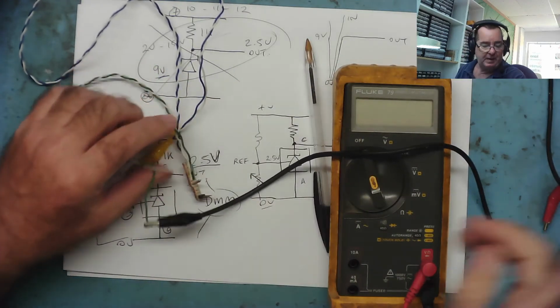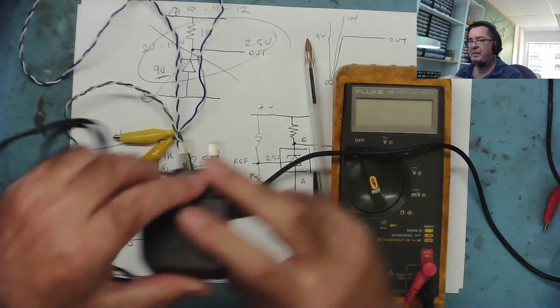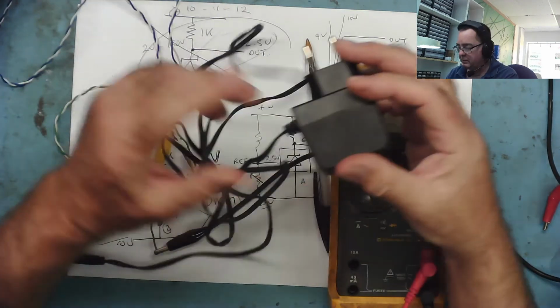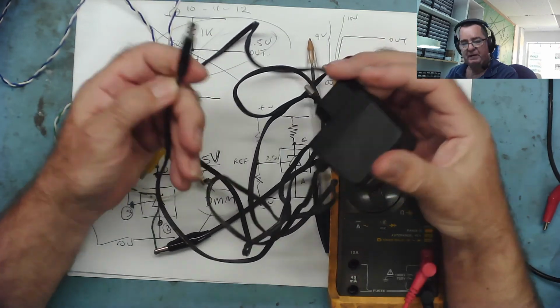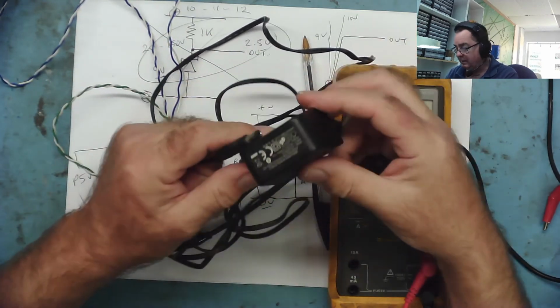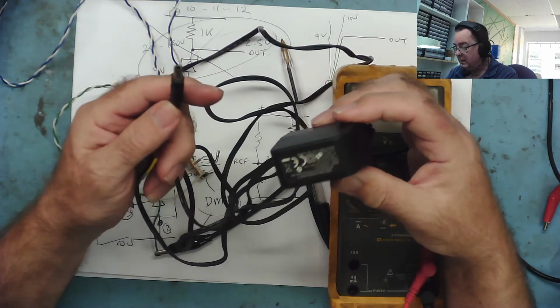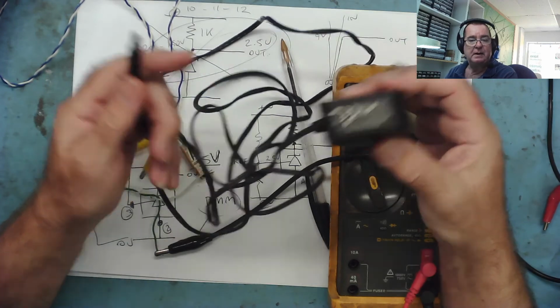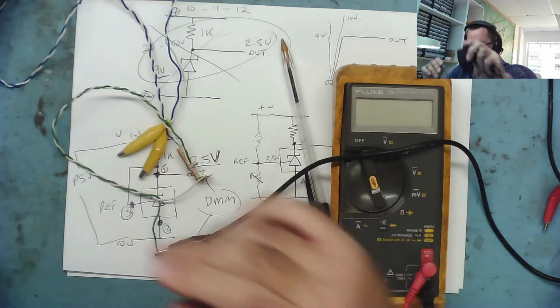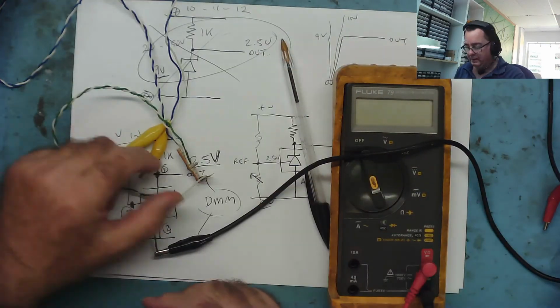If you don't have a bench power supply like that, by the way, you can use any sort of 5 volt supply. A 6 volt battery would be good enough. It doesn't have to be exactly 5. I don't see any reason why we shouldn't use a 9 volt battery. In fact, I might just try that in a minute. But as long as you have a voltage input.